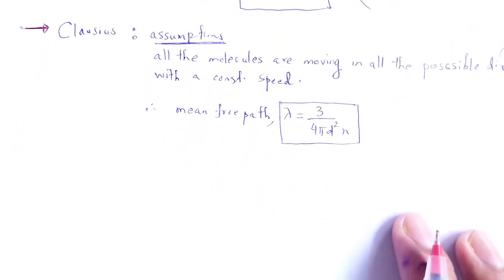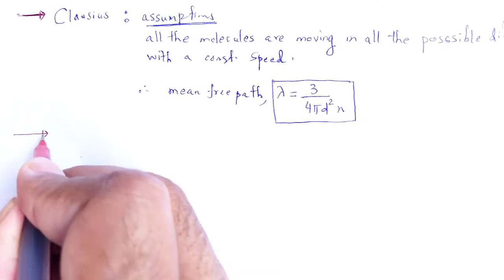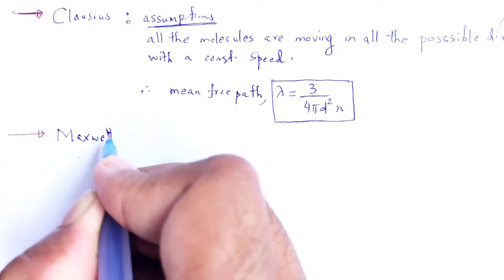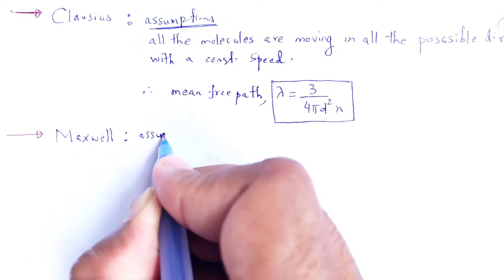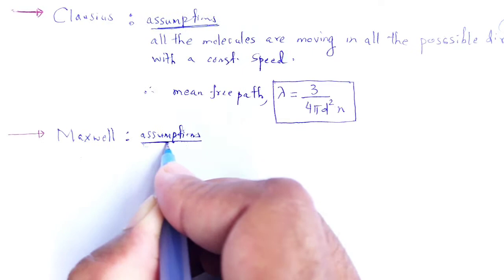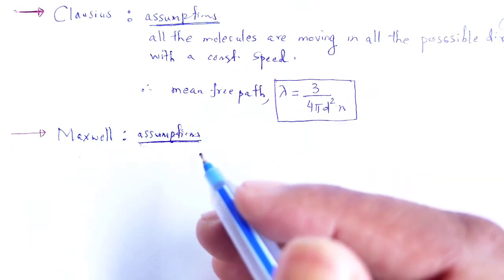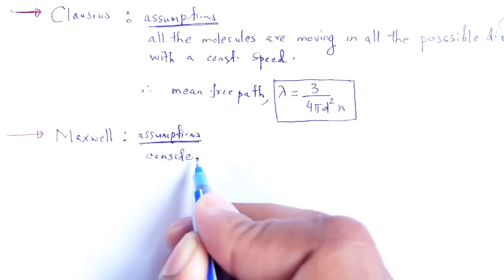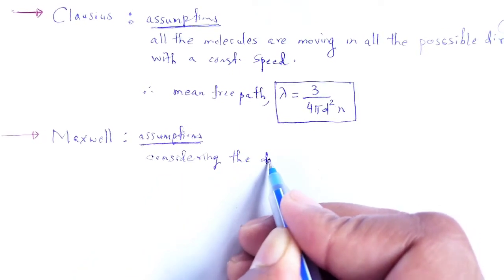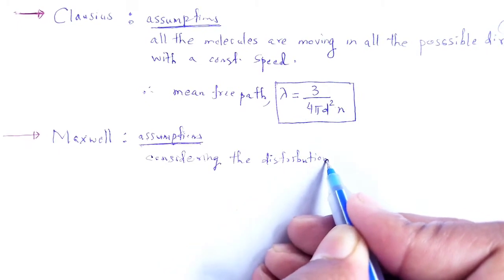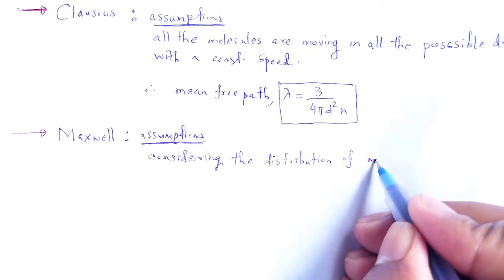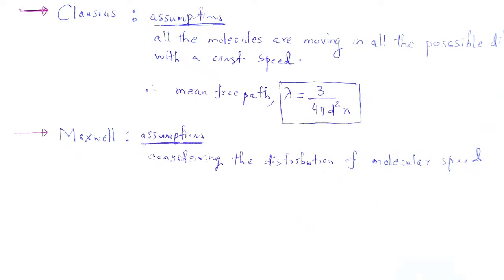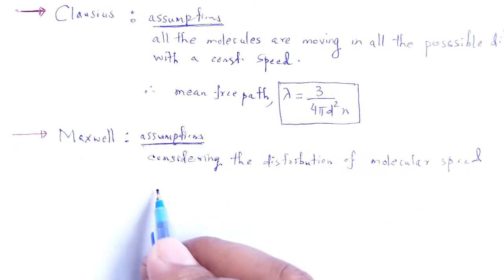Again, another scientist, Maxwell, considered the distribution of molecular speed to derive the mean free path.